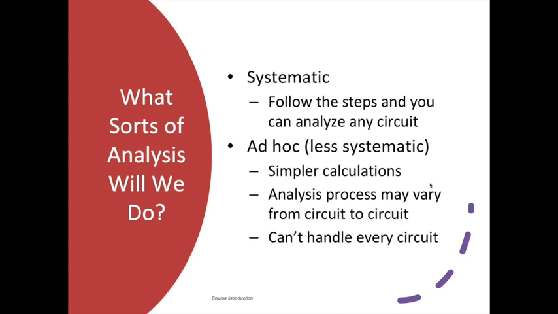They involve simpler calculations, so that's always nice. But the analysis process may vary. The specific steps may vary from circuit to circuit. I can't tell you exactly what the order of steps might be that you would have to apply. Furthermore, they can't always handle every last circuit. Nevertheless, good to know they are simpler.